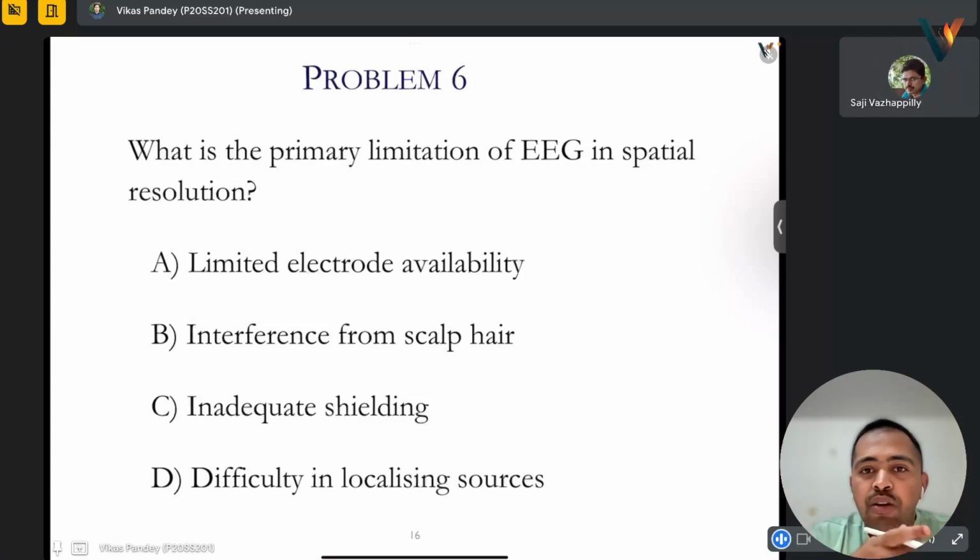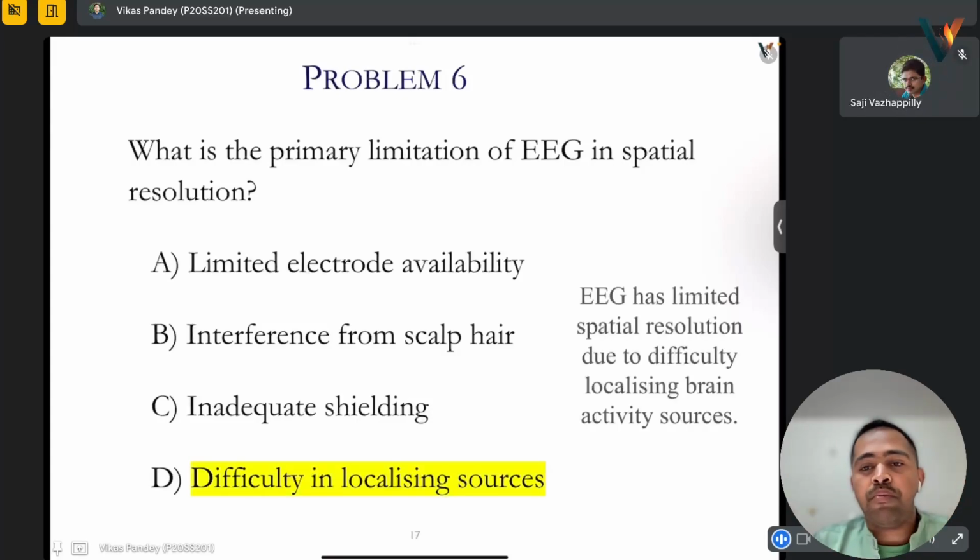That is why ECoG and these things are used, where we are going inside. So difficulty in localizing sources, that is our problem, because we can get only the sources that are above. We cannot go deep in EEG. EEG electrodes are put on the surface of the skull. Certainly, there are these problems also.